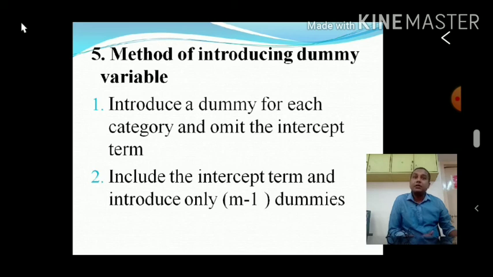So give 3 dummies for 3 parties, then avoid intercept. That's the first method. Second one, include the intercept term but introduce only m-1 dummies. So if you want to include intercept, we have to go with the basic rule m-1. So there are 2 options. We can go with m, but the only thing is we should avoid intercept. Second thing is, if you are going with m-1, we have to include intercept. These are the 2 options when it comes to the method of introducing dummy variables.